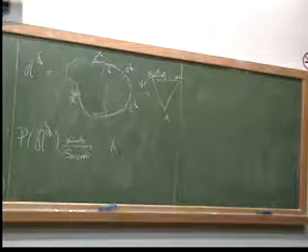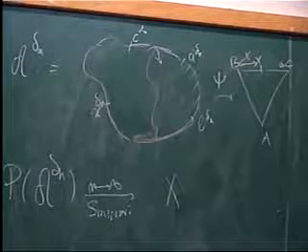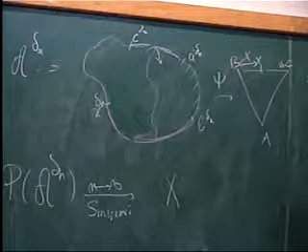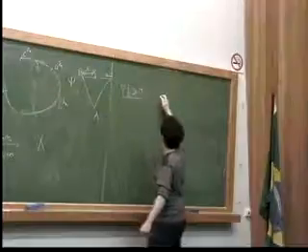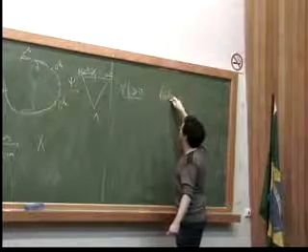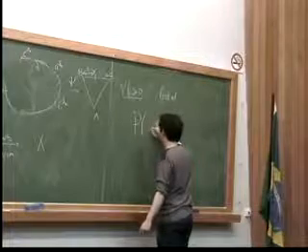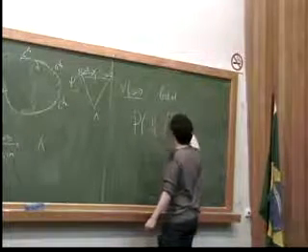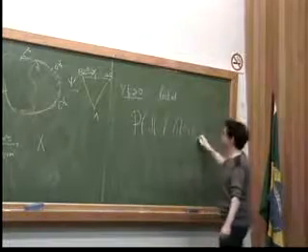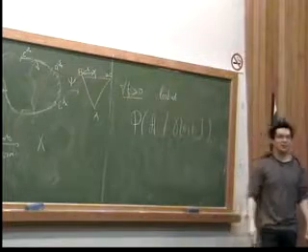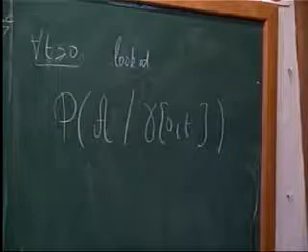So now, what do we have? We have, for any fixed t, look at the probability that A holds given gamma up to time t. That's what we want to understand.